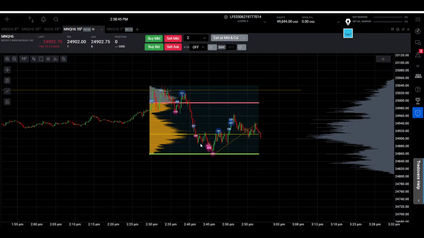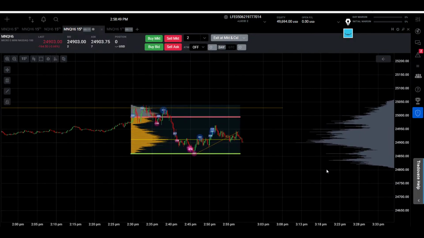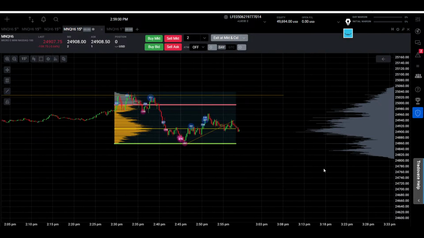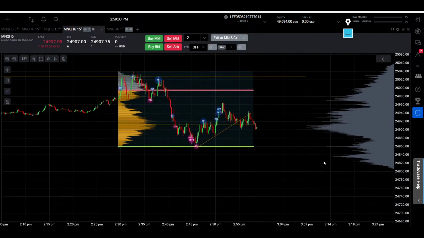Yeah, it's in the middle of the point of control, and it's paralyzed because of the US and Iran war hanging over us, so we don't know where to go.